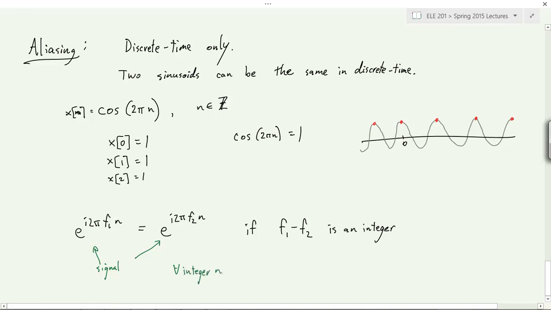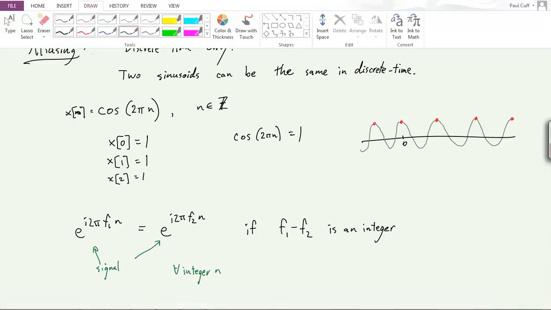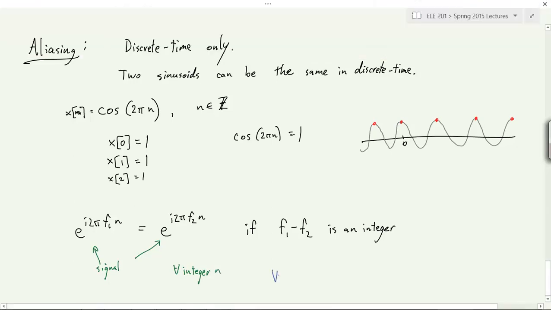they're the same. Now, mathematically, let's verify this. Why is this true? Well, because e to the i 2 pi f1 n over e to the i 2 pi f2 n equals e to the i 2 pi (f1 minus f2) n, which we said is an integer. f1 minus f2 is an integer.